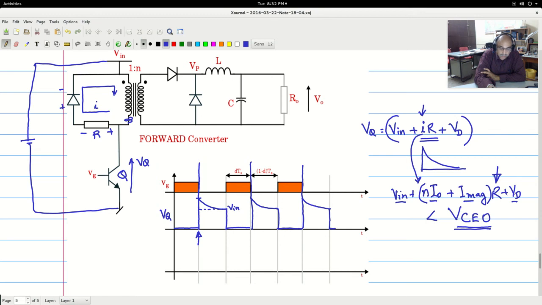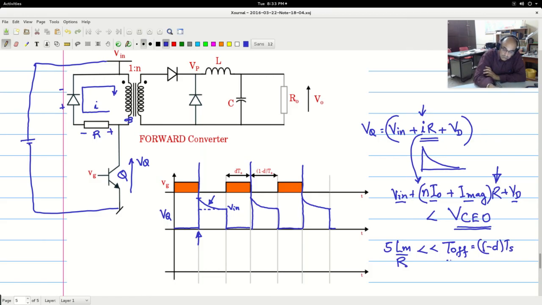It only says that the value of R so chosen should meet this constraint. There is another constraint. The value of R should not be too low to avoid the spike, because if it is too low, there is a time constant involved for this decay, and 5 times the time constant should reset the core flux in the available time T off. So 5 times Lm by R time constant should be less than the T off time, which is 1 minus d Ts time.